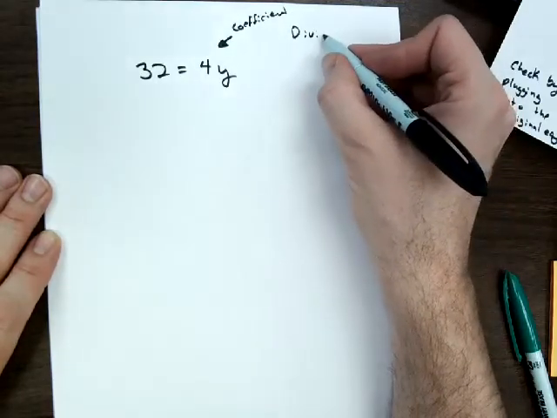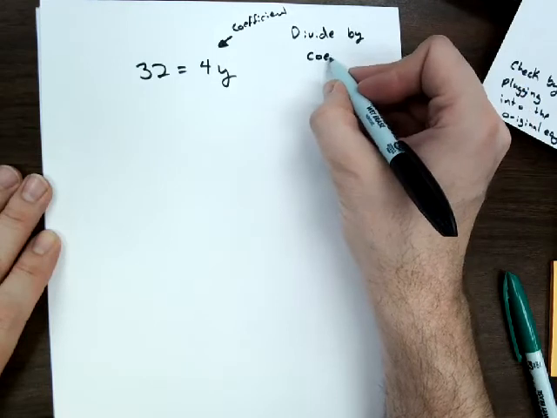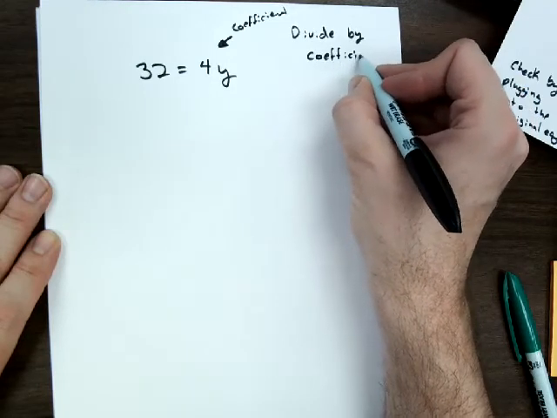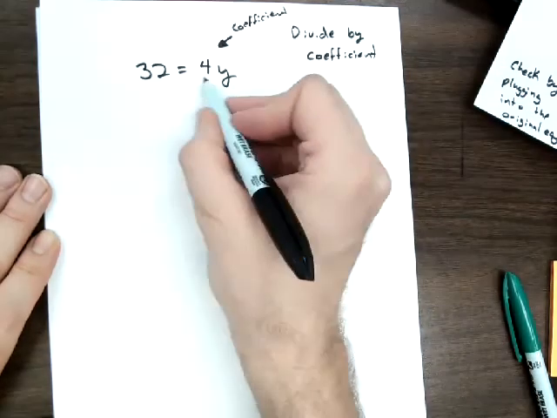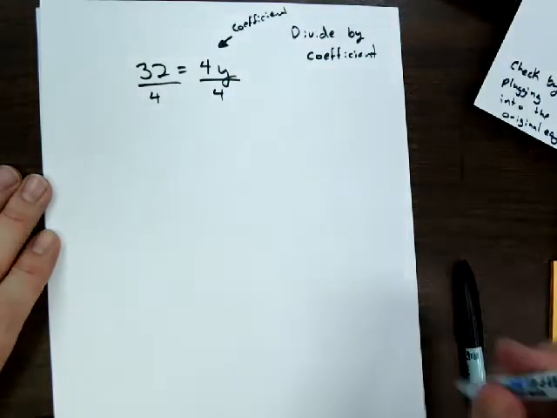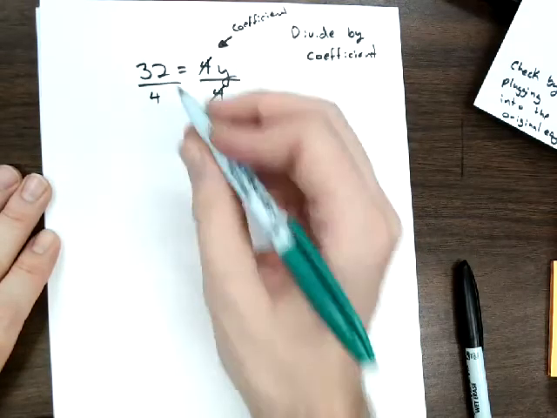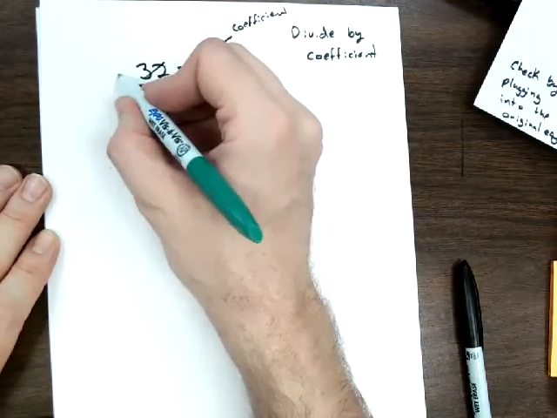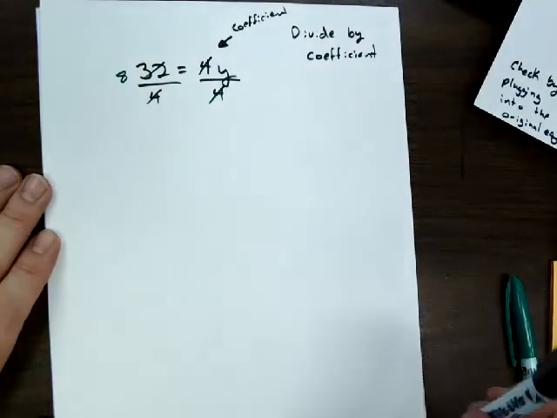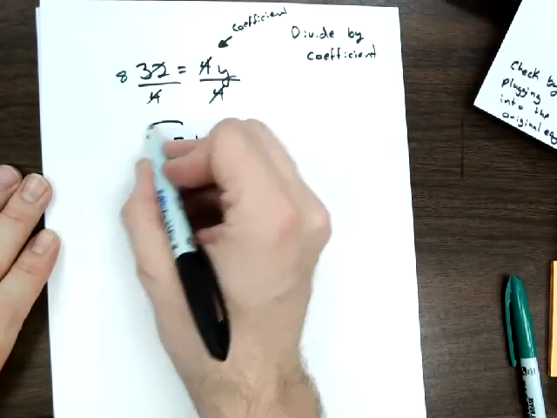So we're going to divide by the coefficient. Okay, let's take both sides and divide by 4. And these things are going to reduce just like a fraction. 4 divided by 4 is going to be 1. 32 divided by 4 is going to be 8. So I'm going to end up with 8 equals y.